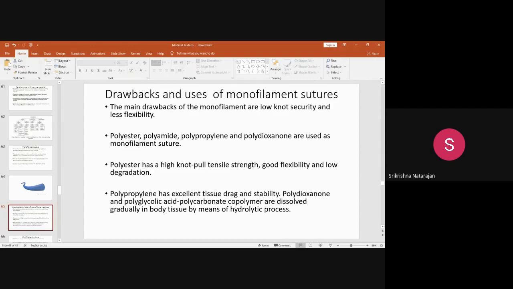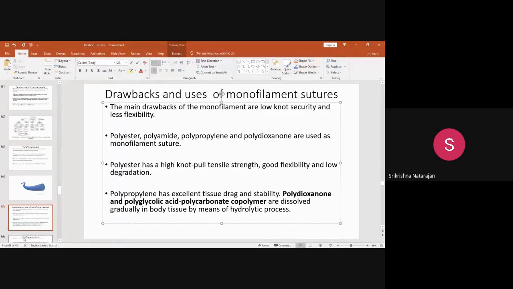But the advantage is, if you use polydioxanone, polyglycolic acid, and polycarbonate copolymers, these are dissolved gradually in the body by means of a hydrolytic process. That is, in reaction with water, they will actually degrade. So that is the property of polydioxanone, polyglycolic acid, and polycarbonate copolymers.